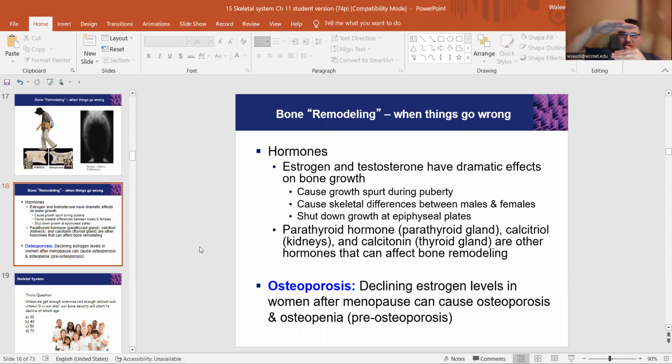You have a balance between those. If the calcium goes up, calcitonin will drop it. If the calcium goes down, parathyroid will increase it. The bottom line is we need calcium in the normal range. We don't want it too high, not too low. So you have a balance between those two, parathyroid and calcitonin. The other one is calcitriol, which is coming from vitamin D.